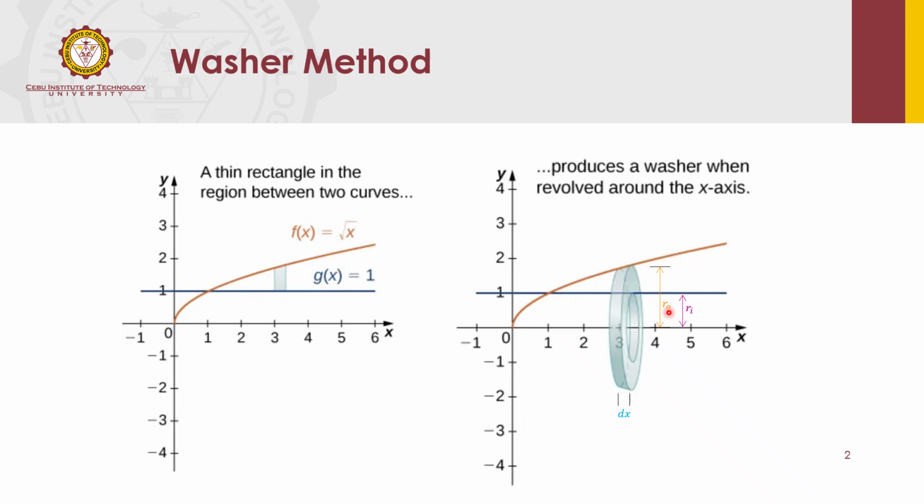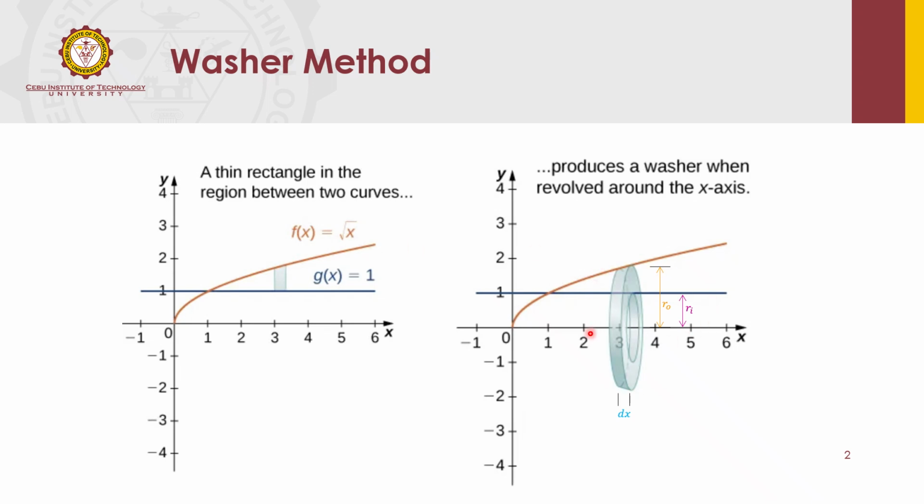Okay, so it's a circular disc, but there's a hole or cavity inside. The inner radius depends on how far this curve is from the axis of rotation, and the outer radius depends on how far the curve touching the upper end of your vertical strip is from the axis of rotation.